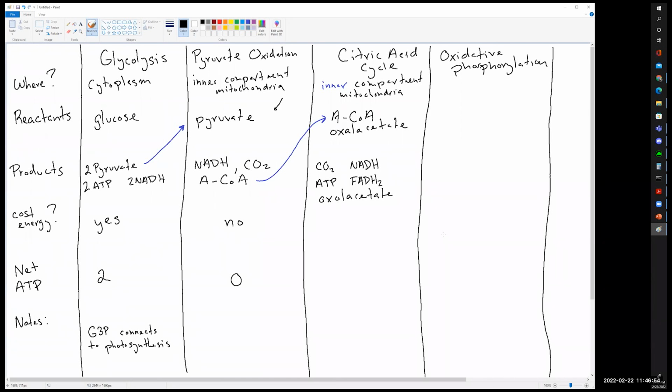Does this cost us any energy to make all these things? Did we see any ATP going in? No, we did not. We didn't put any ATP in, but we did make some.